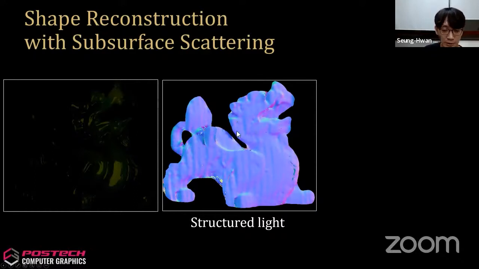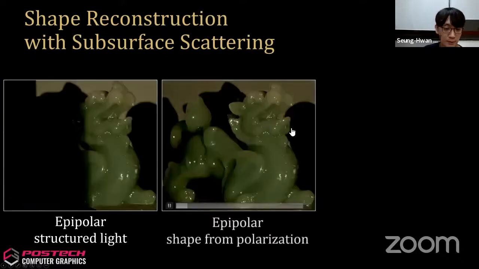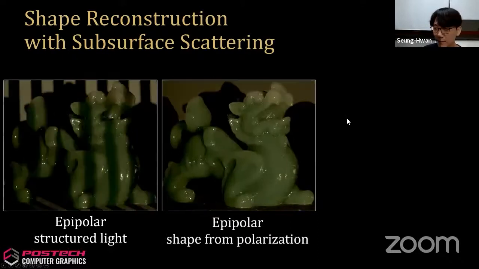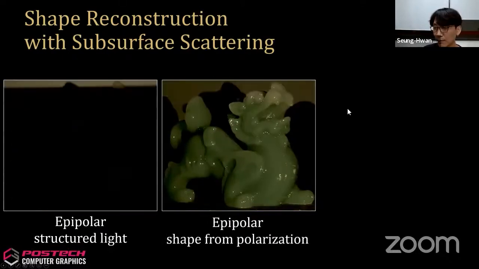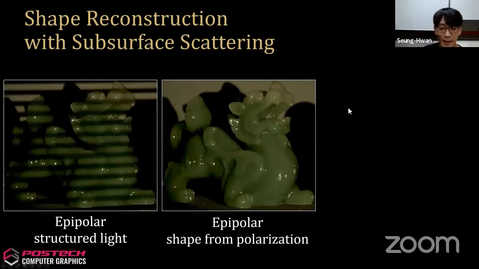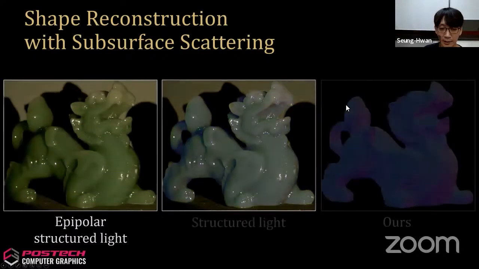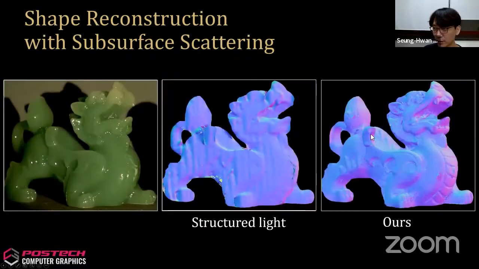As you can see, its results are not that good in terms of its surface normals. However, by analyzing both spatial and polarimetric light transports, our method enables accurate surface normal reconstruction as shown on the right. I'm going to skip the details, but this is only possible because we looked at the light polarization and spatial dimensions together.